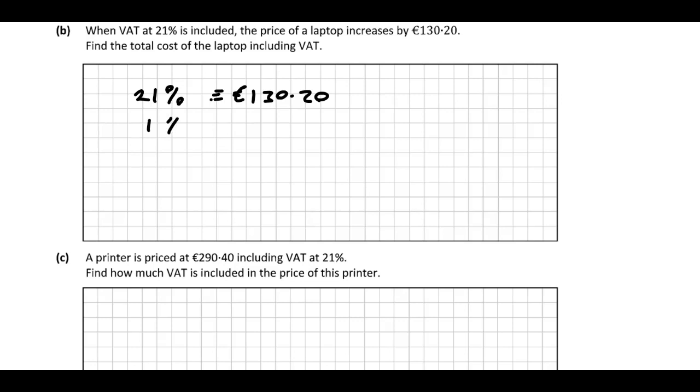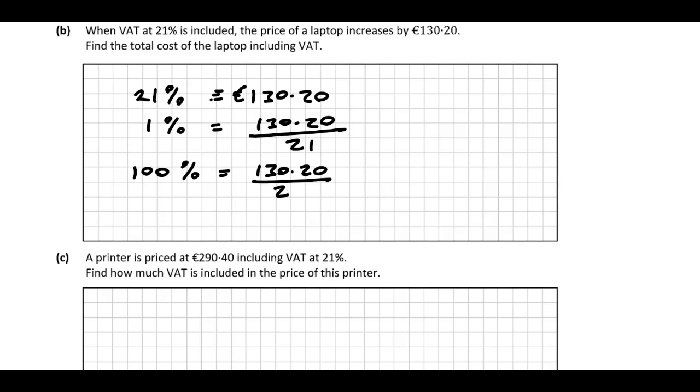So if we take 1%, that's 130.20 divided by 21, and then if we take 100%, multiply by 100. So it's 130.20 divided by 21 multiplied by 100. That gives us €620.